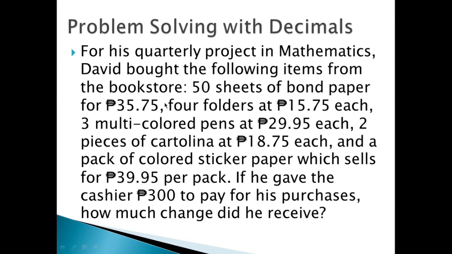So, for example, for his quarterly project in mathematics, David bought the following items from the bookstore. 50 sheets of bond paper for 35.75 pesos, 4 folders at 11.75 pesos each, 3 multicolored pens at 25.95 pesos each, 2 pieces of cartolina at 18.75 pesos each, and a pack of color sticker paper which sells for 39.95 pesos per pack.